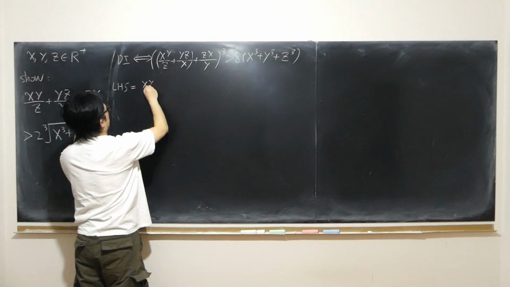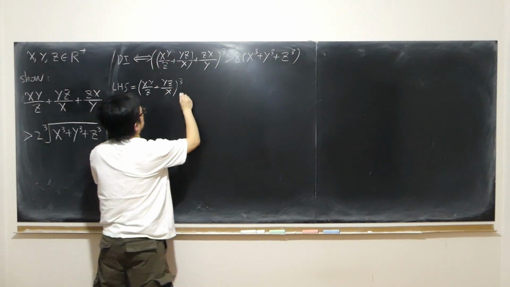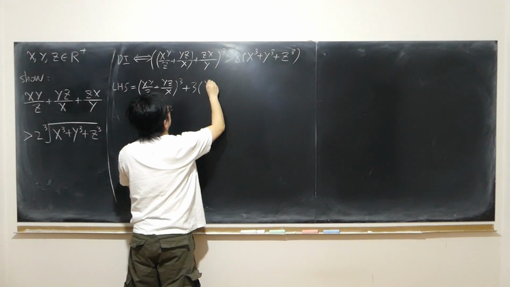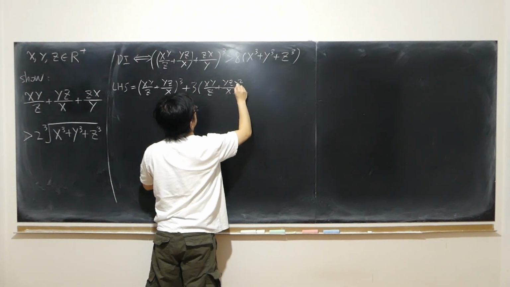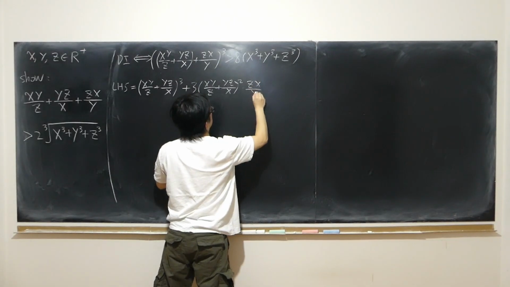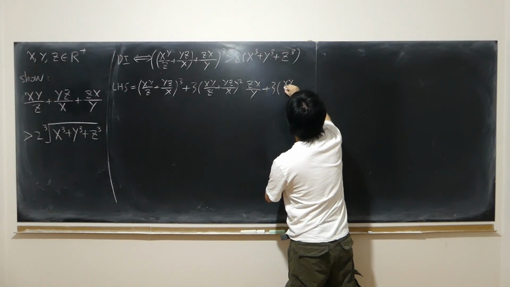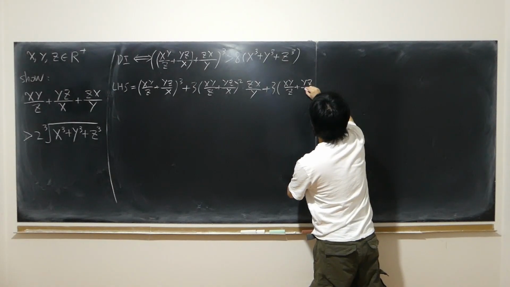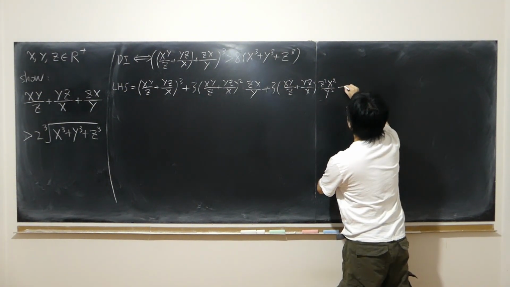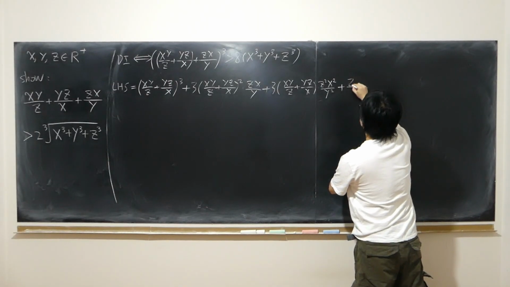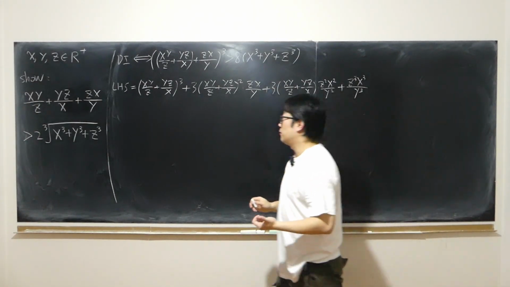Of course, we have xy over z plus yz over x altogether cubed, plus 3 times xy over z plus yz over x squared times zx over y, plus 3 times xy over z plus yz over x times z squared x squared over y squared, plus z cubed x cubed over y cubed. Right, that's the entire left-hand side.